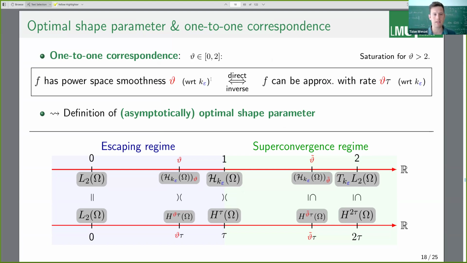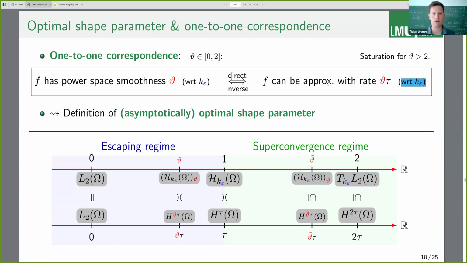And this means if I change the shape parameter of the kernel, this may change the power space smoothness of my function f. The Sobolev smoothness of the function f will stay the same, but the power space smoothness may change. And yeah, this is exactly what we see here on the right-hand side. And I will illustrate this with an example very soon.